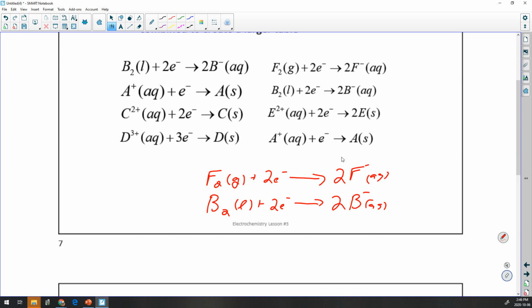Already dealt with that one, and those two are gone. Which one's next? Yes. E is next, because E is between B and A in this group. So we have to put E in there.